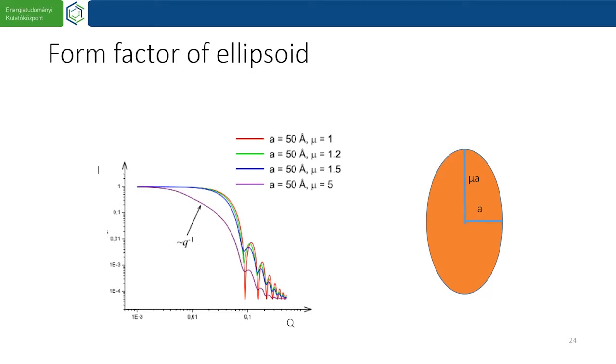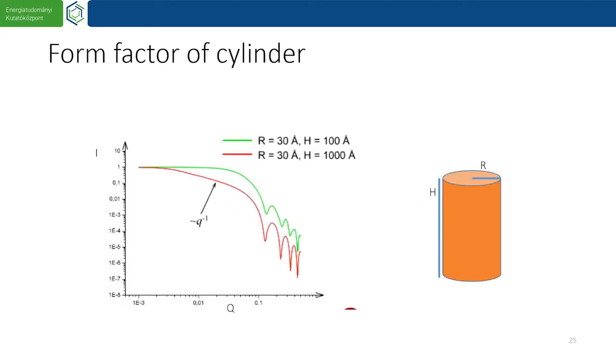So this was the ellipsoid, and finally a third shape which can be calculated mathematically is the real cylinder. The cylinder has two parameters: a height and a radius. And here, this straight part is much more pronounced. If this cylinder were much longer than in these pictures, then this straight part would be much longer again.